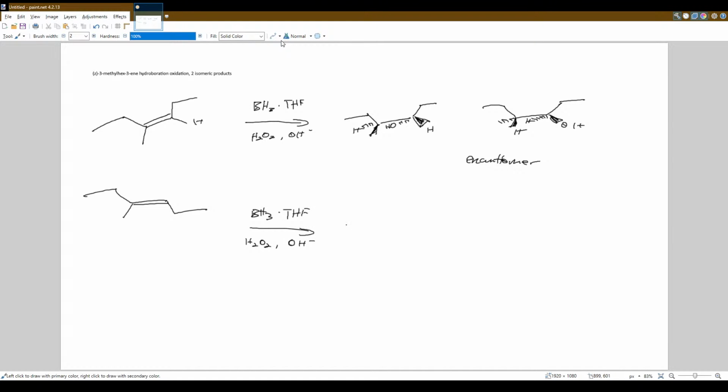The E configuration will give us the following. We have to figure out how it goes. I guess this is a much easier way of writing things, to do it like this.